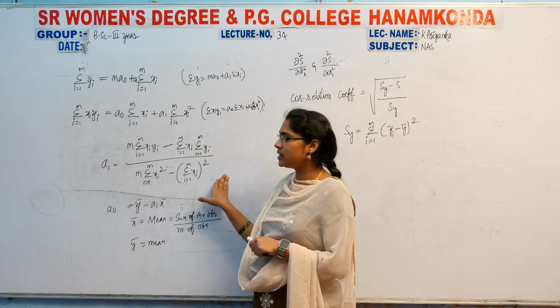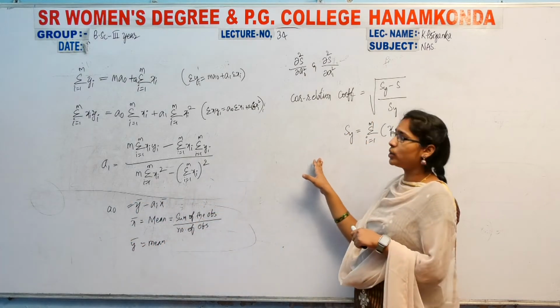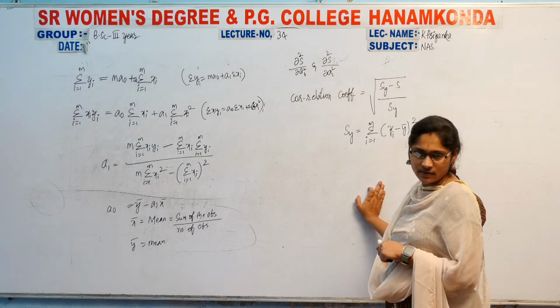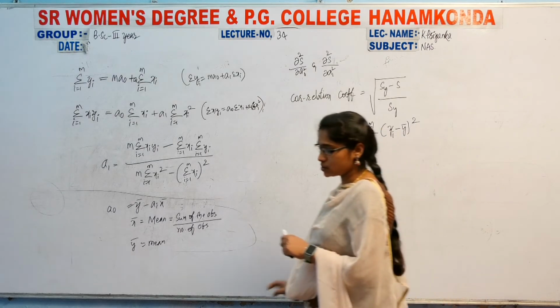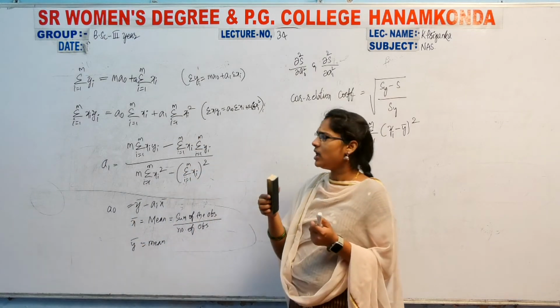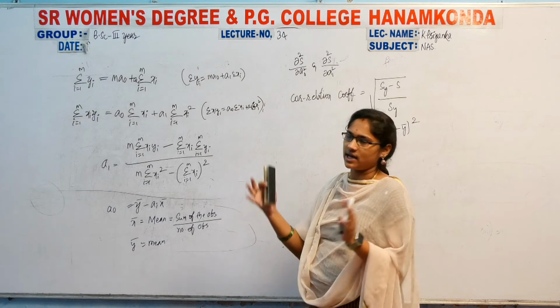Next are the formulas for the constants a naught and a1, and if asked to find the correlation coefficient, the formula is the square root of (Sy minus S) by Sy, where Sy is the summation of (yi minus y bar) whole square. Actually, here we have to take all these values in one table, and after that directly take the formulas.